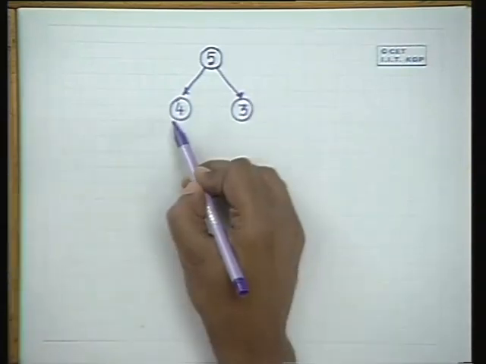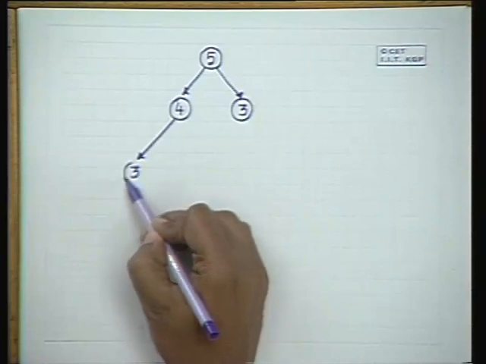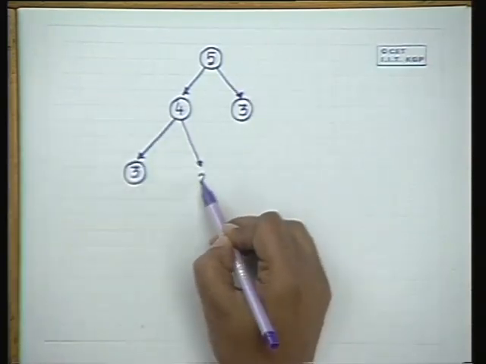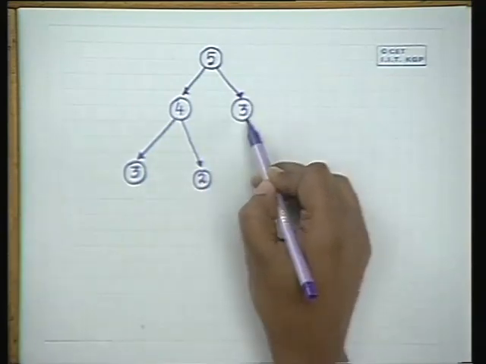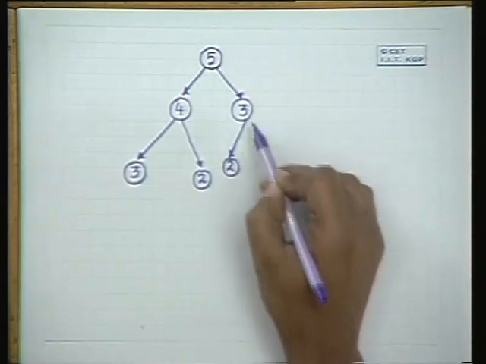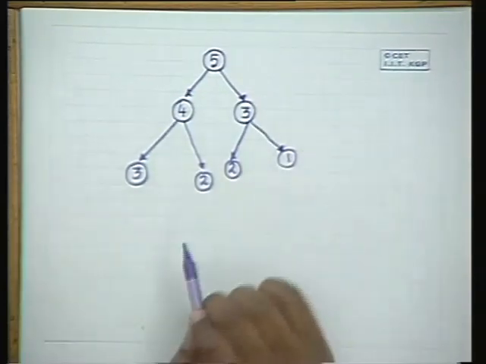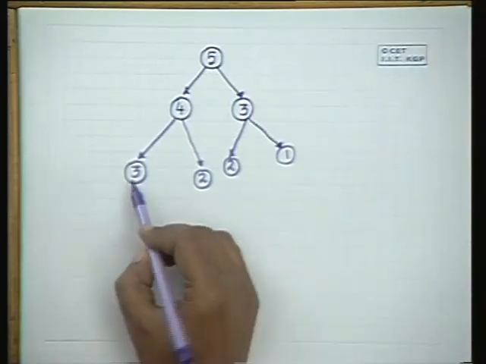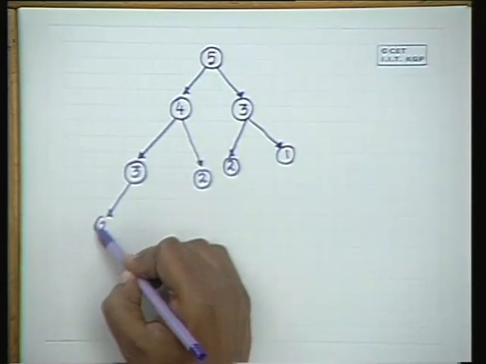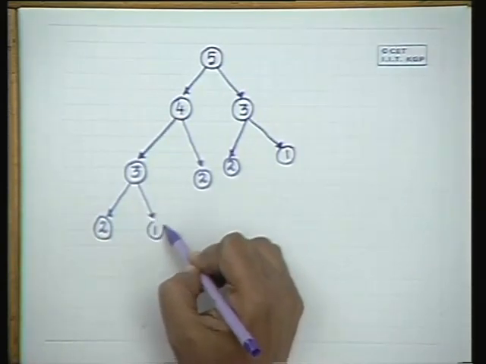Now, to solve 4, you have to solve 3 and 2. To solve this 3, you have to solve 2 and 1. To solve this one, again you have to solve 2 and 1.